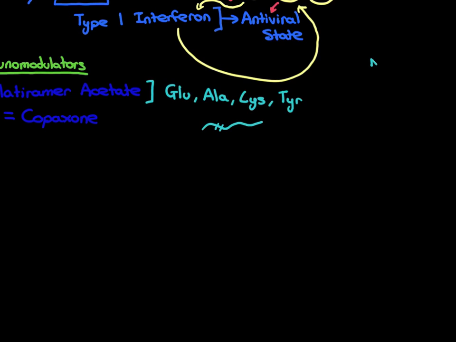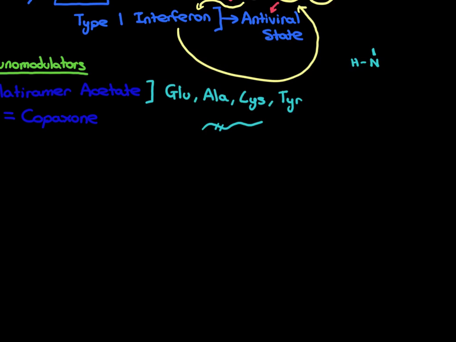So, the basic core structure of an amino acid is that you have the amino group at one end, which will be bound then to the carboxylic acid group of the amino acid in front of it, and this is considered the front side of the amino acid, and you'll have the amino acid in front of it bound here, so the amino acid up here, and it will be bound by an amide link, which is this bond here, to the carboxylic acid group of the amino acid in front.